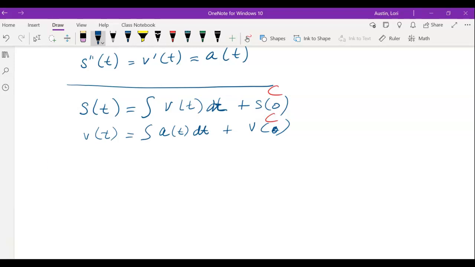So what we're going to do is find position and velocity from acceleration.